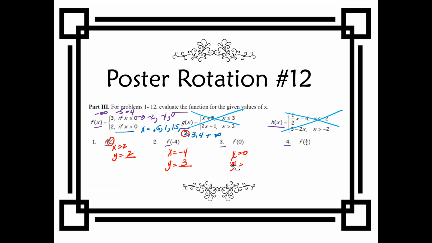Well, where do you see the 0 here? I see the 0 right here in the purple, which is the first equation. So your answer is just going to be a 3. And lastly, when x equals 0.5, what is y? Where do you see 0.5? I see it right here where the blue is, so my answer is 2.